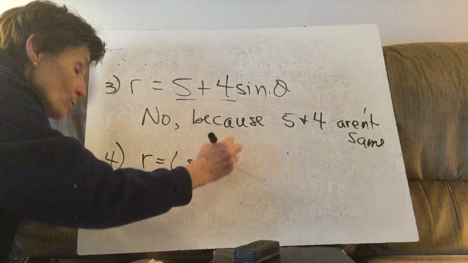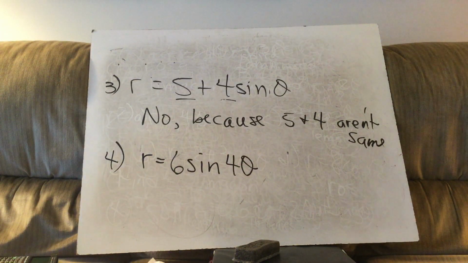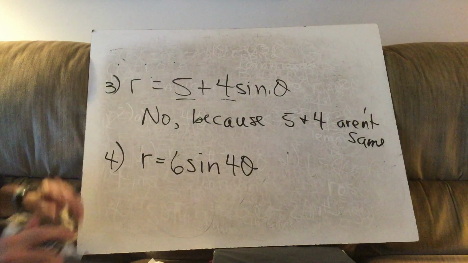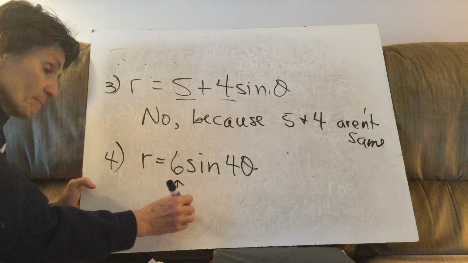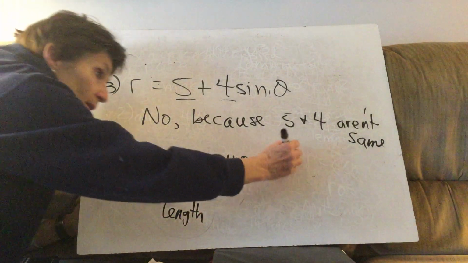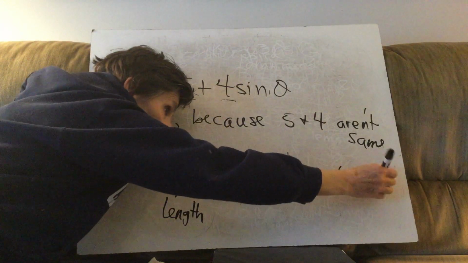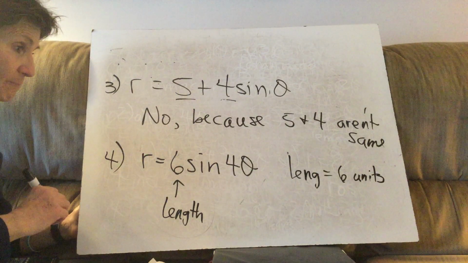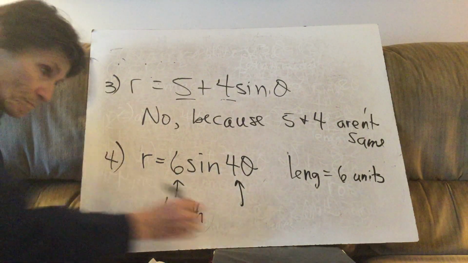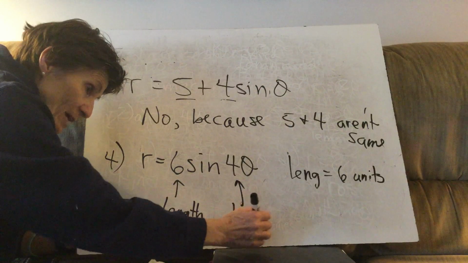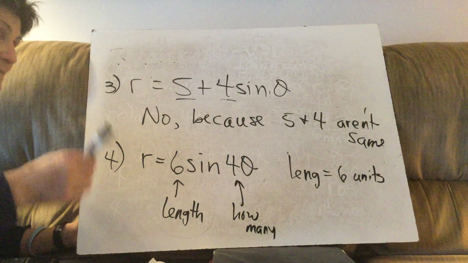All right, this is a rose, and we want to know how many leaves and how long the leaves are. Well, we recall that this number right here tells us the length. So the length is 6 units. This number deals with how many, but you've got to be careful. If the number is odd, that is how many.